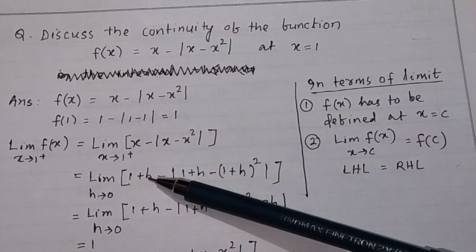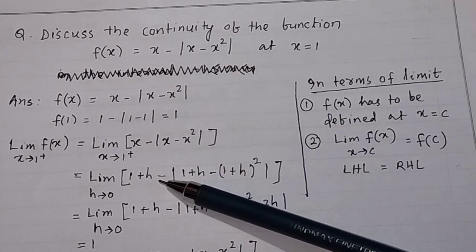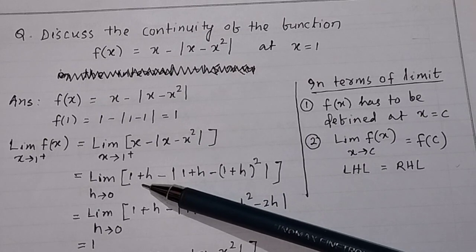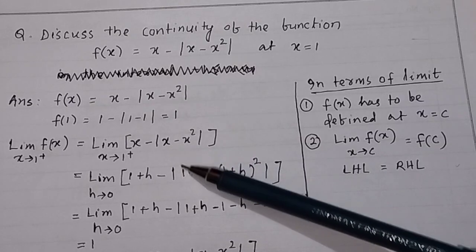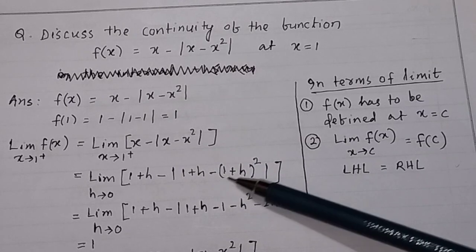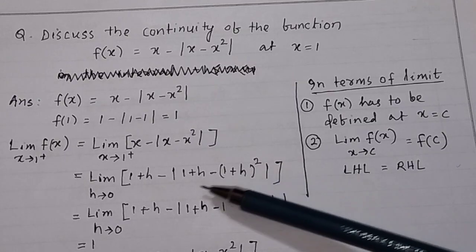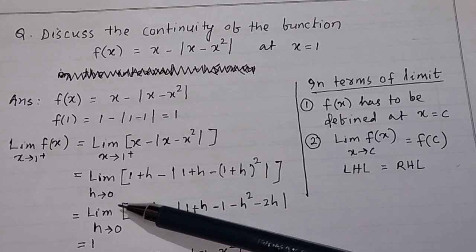Because x approaches 1 plus, we will take a slight increment in 1, so x = 1 + h, then |1 + h - 1| - (1 + h)² as h approaches 0.